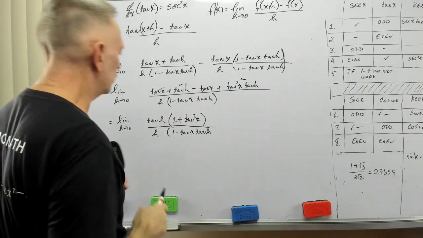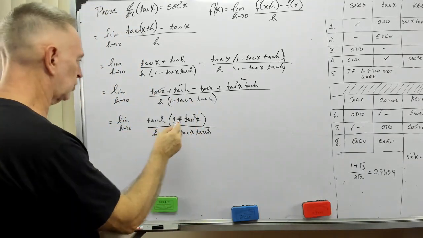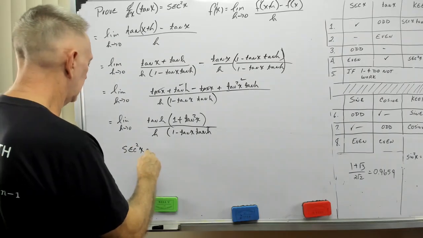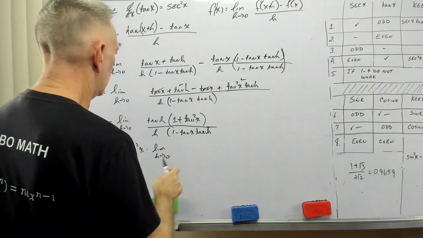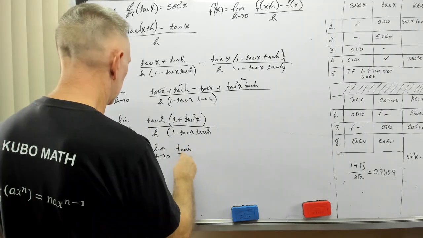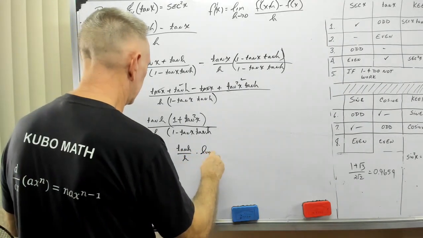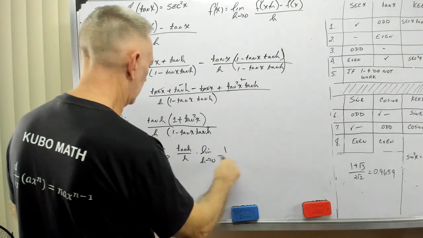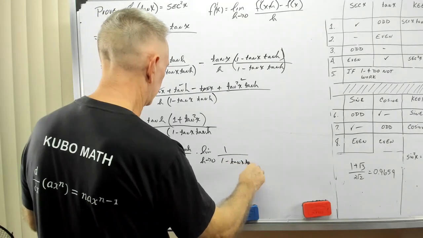Now then, what is 1 plus tangent squared? Secant squared. So I'm going to move this secant squared x to the outside, times the limit as h approaches 0 of tangent h over h, times the limit as h approaches 0 of 1 over 1 minus tangent x tangent h.